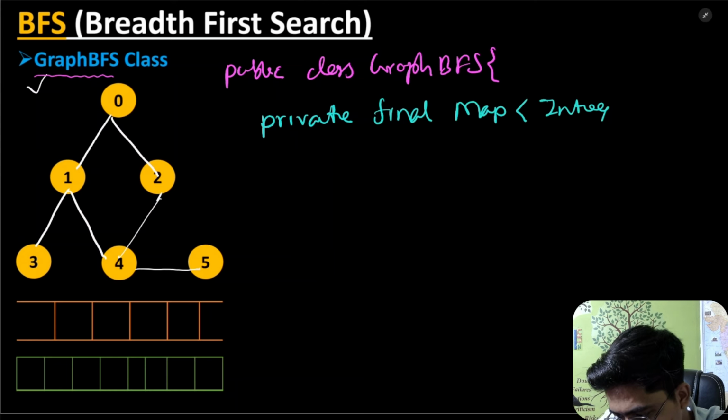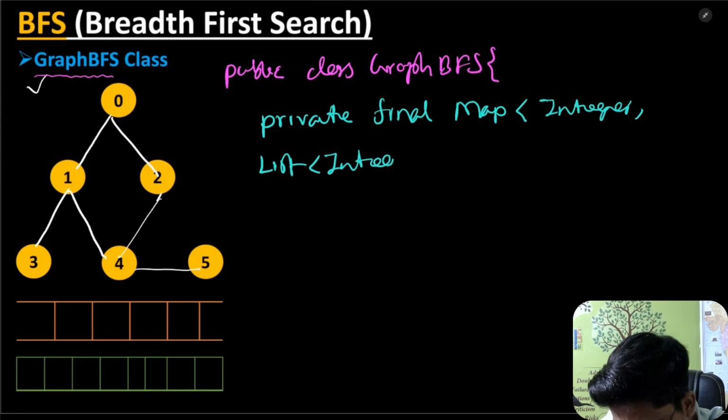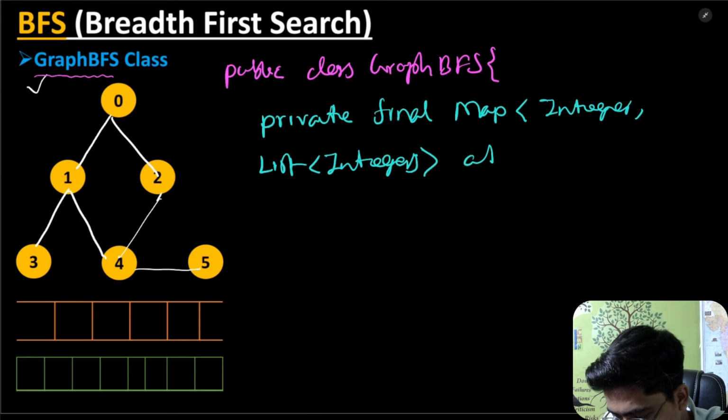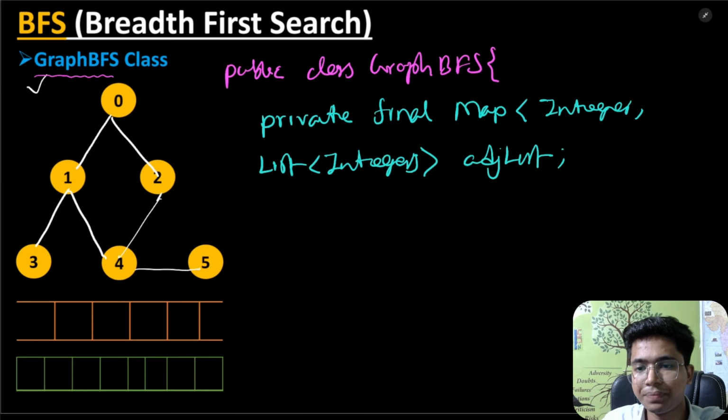First, that is Integer, and the other argument, that is List of Integers. And let's call it adjacencyList.